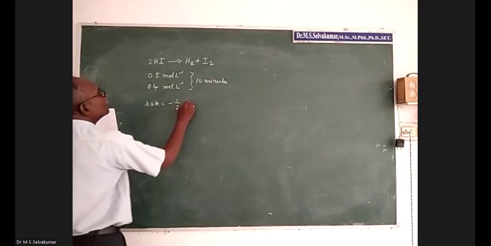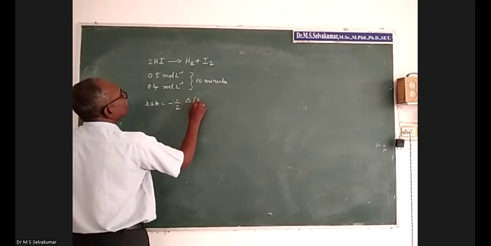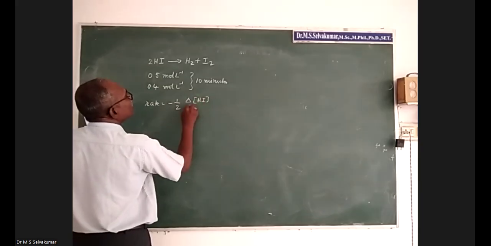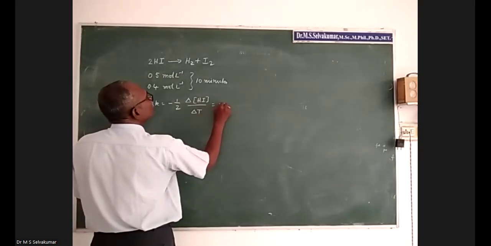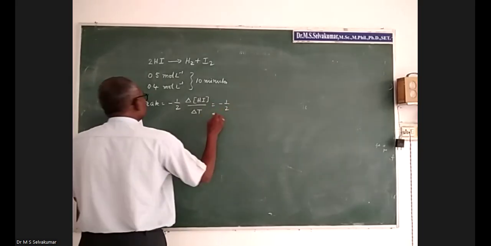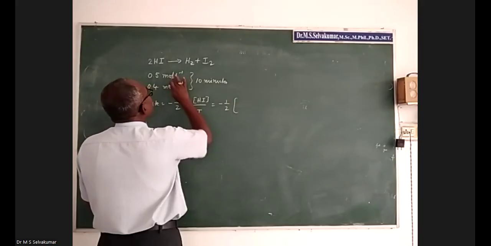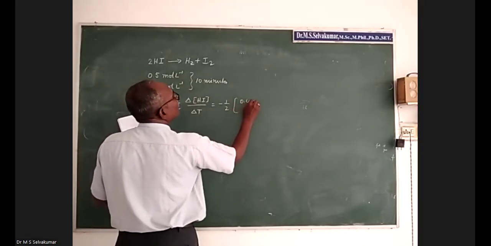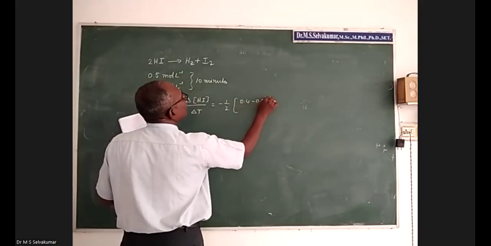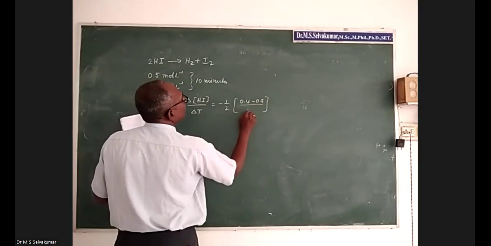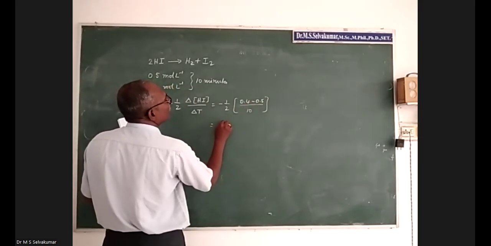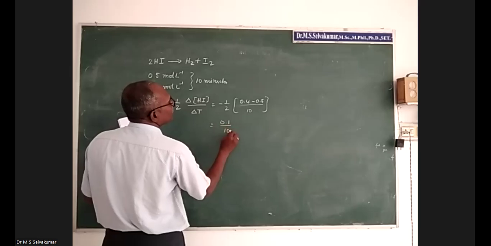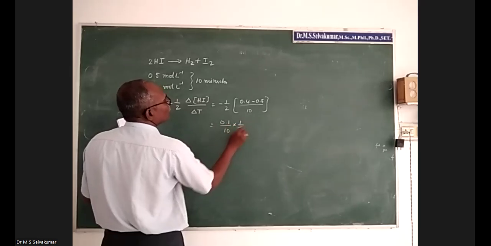Minus 1 by 2 delta, that is the change of concentration of HI by delta T. So that is equal to minus 1 by 2. So what is the change? 0.4 minus 0.5, and this time is 10. So that becomes minus of minus plus. It is 0.1 by 10 into 1 by 2.